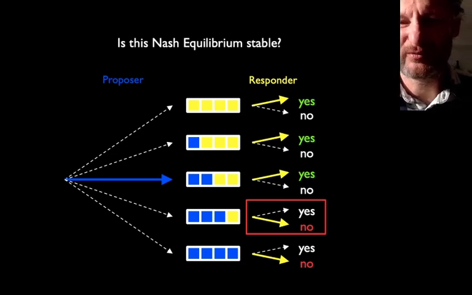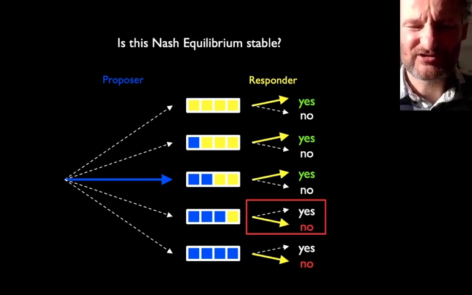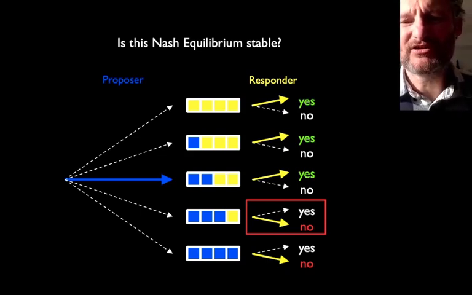They say yes to the top 3 proposals and no to the bottom 2 proposals. Now, of course, there's always a little bit of noise. Proposers can make mistakes. So every once in a while, it's possible that a proposer makes the second proposal from the bottom. And if she does, then the responder is going to reject that.